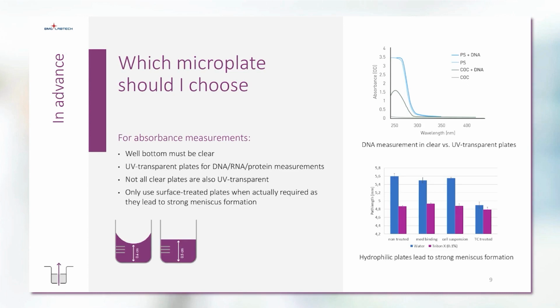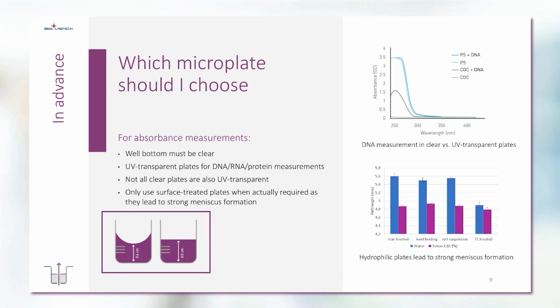Yes, especially for absorbance measurements, the plate's influence on the meniscus formation also plays an important role. Some compounds show natural absorbance, and if you are aware of the specific extinction coefficient, you can use the obtained absorbance value from your measurement and directly calculate the concentration of your specific compound. For this type of calculation, you will also need the path length.